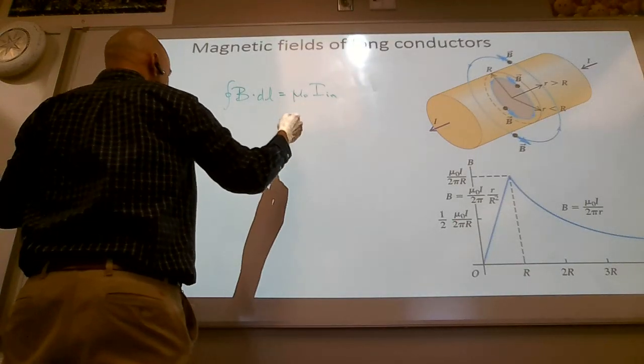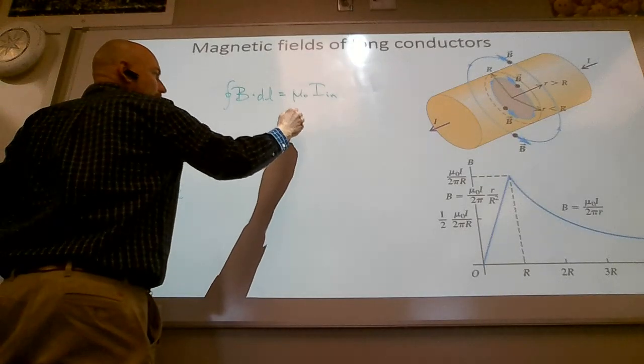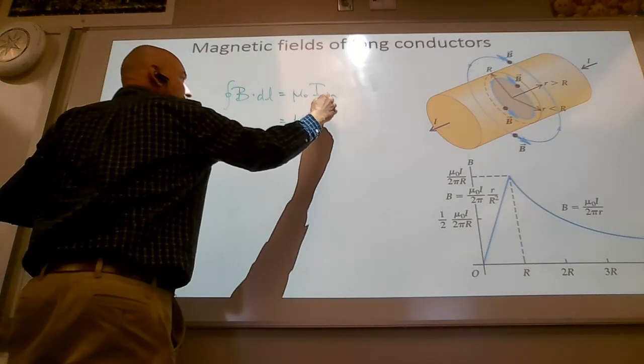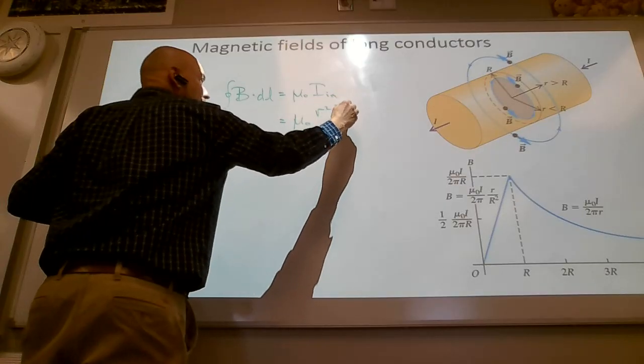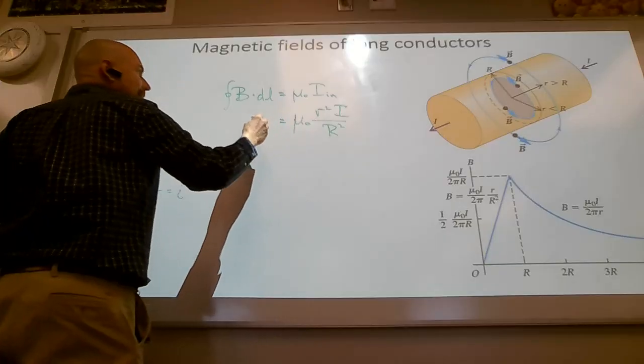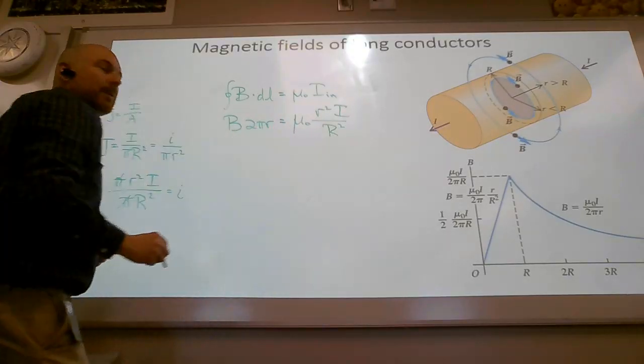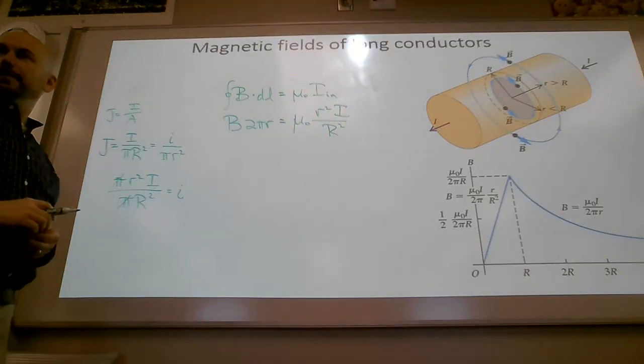So we just figured out from the previous one that that would be r squared I total over r squared. And this is B 2 pi r.